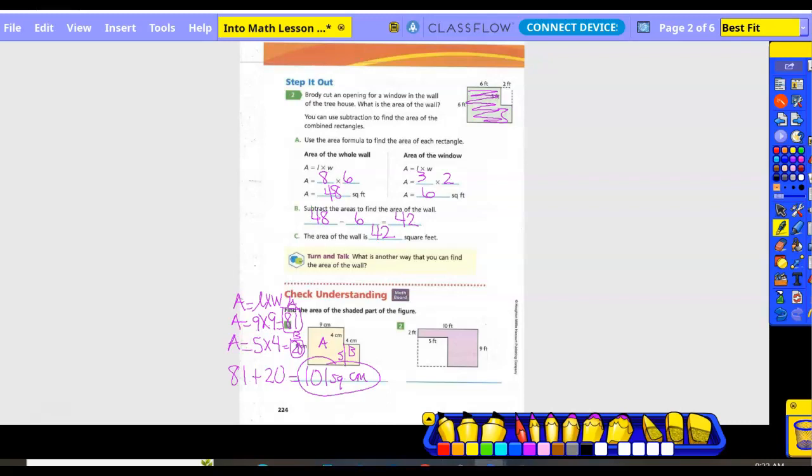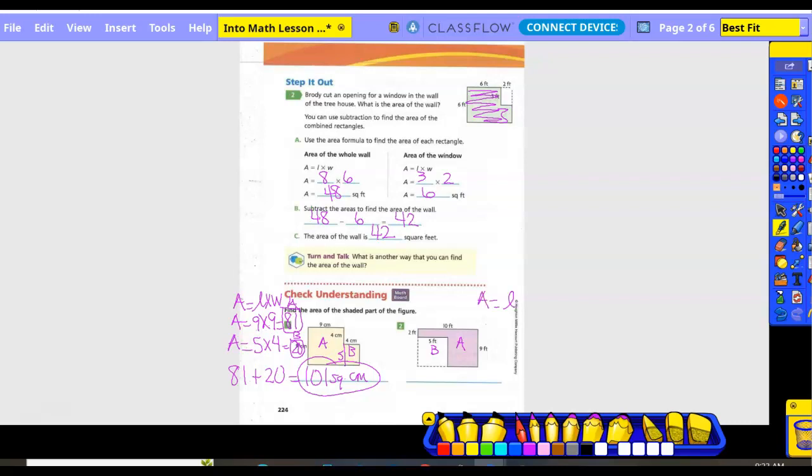Okay, so this rectangle, it looks like they extended it out for us. So are we going to add on this problem or subtract? Subtract, right? So we're going to call this A and we're going to call this B. Okay, so to find that whole area, first of all, I need to write my formula.